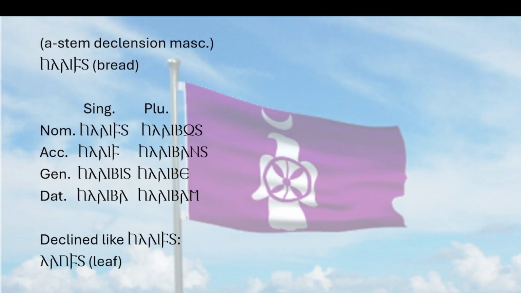Now, this is still the a-stem declension of masculine nouns, but for these words here, they have something special. So for example, for the word thlaifs, meaning bread, for some of these nouns, when a vowel comes after the sound, the sound will be turned into another sound.